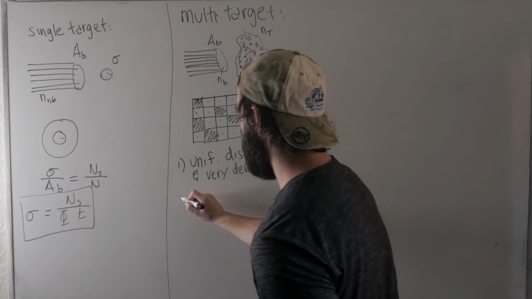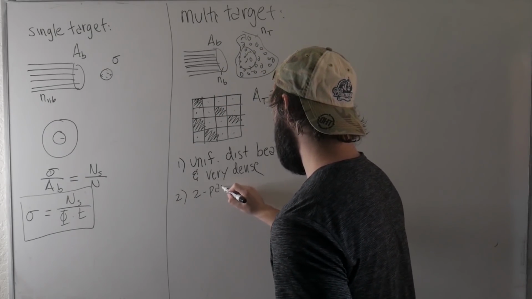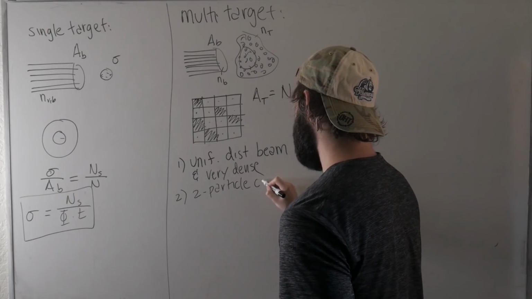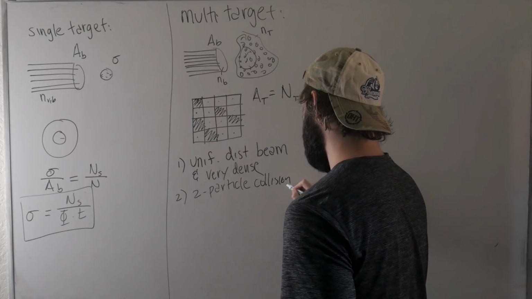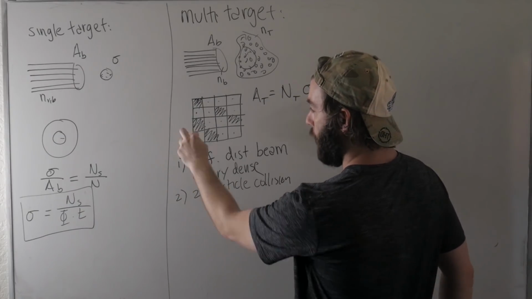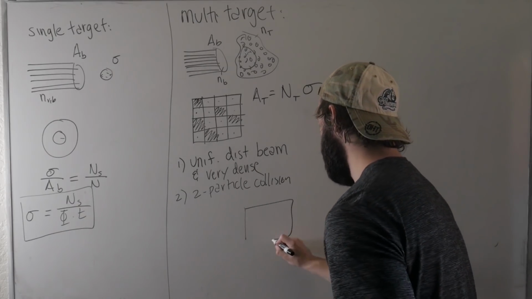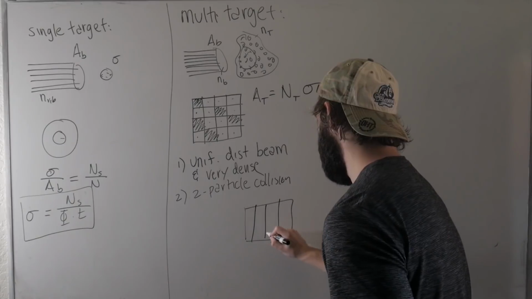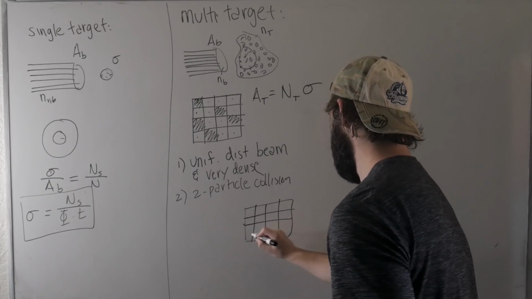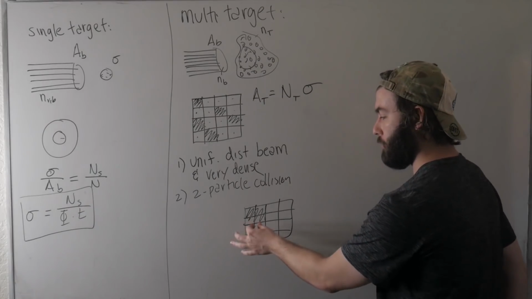Okay, the second assumption is that there are only two-particle collisions at a time. We're not going to be colliding two beam particles with one target. What that would look like is if our target took up multiple squares, so multiple beam particles would hit the target.